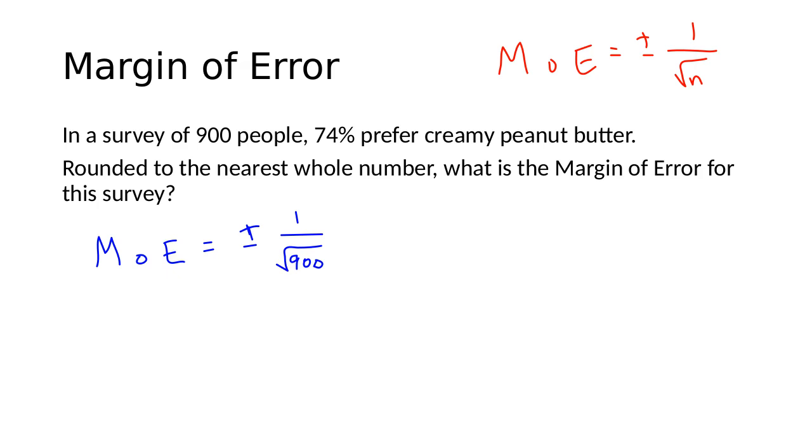So the first thing we'll do is take the square root of 900. So we'll have plus or minus 1 over 30. And then we'll do 1 divided by 30 on our calculator.